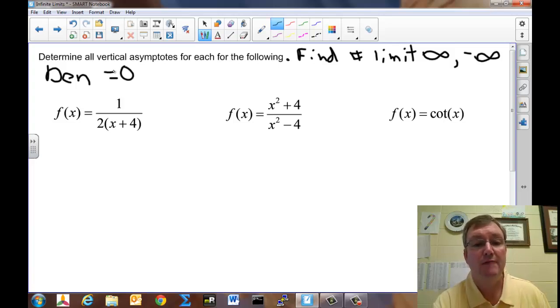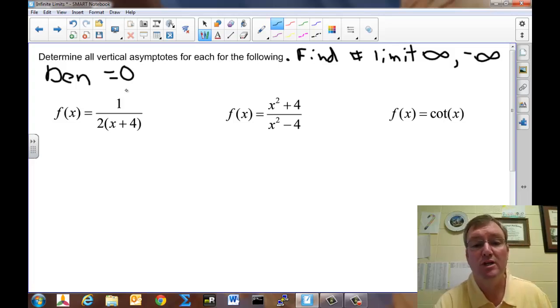So anytime you're asked to find vertical asymptotes, or you're asked to find where the limit is infinity or negative infinity, or where the denominator is equal to 0, it's the same thing. We're all trying to find the same points. All the same points correspond to these.